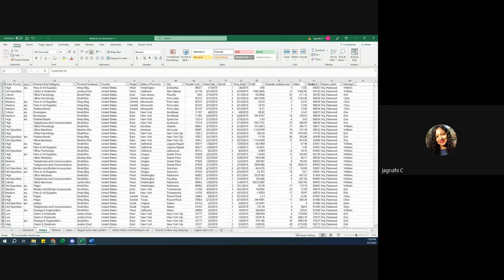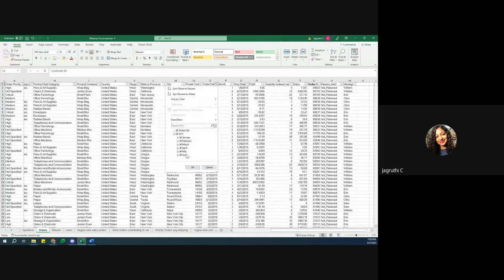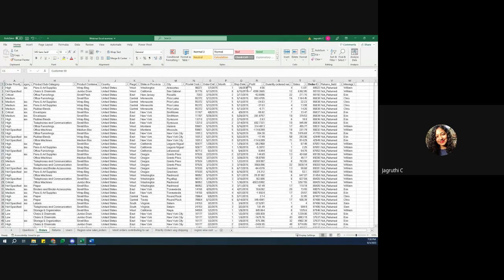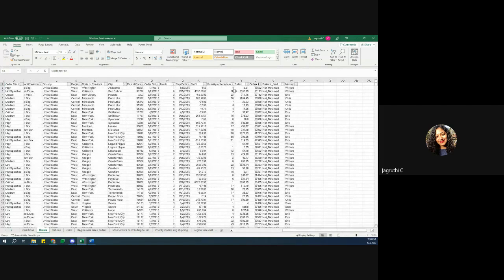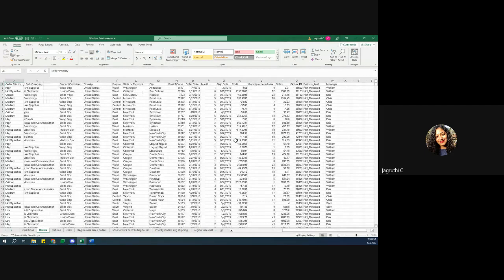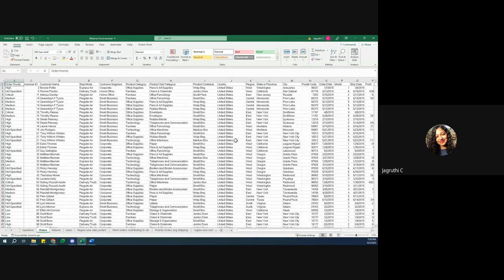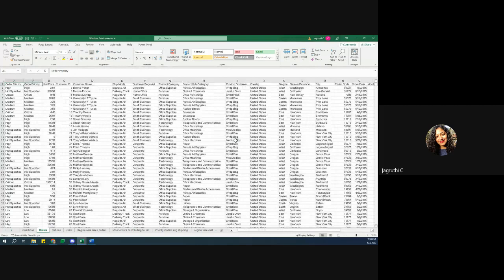If you have any dates, make sure that they belong to the same format because different formats would again mess up your visualizations for any dates that occur. Then yes, see again, quantity order. This cannot be a decimal value. So we will make such smaller data checks just to make sure that our data is sane and correct.